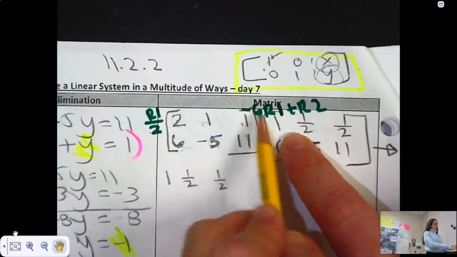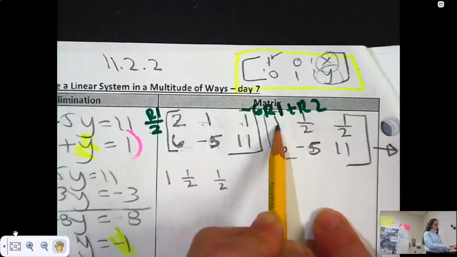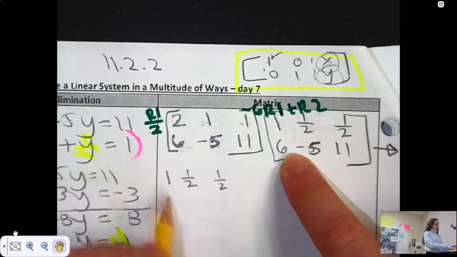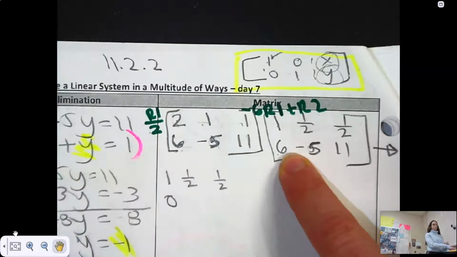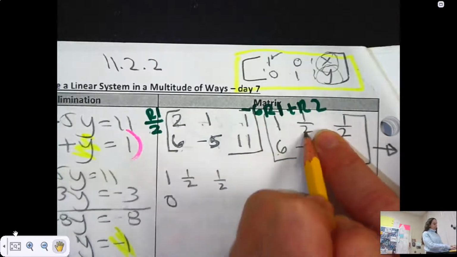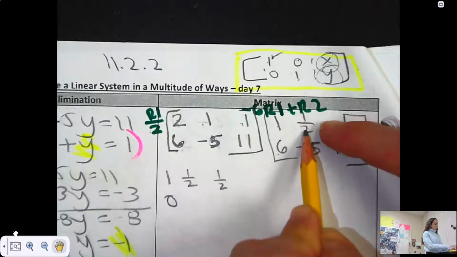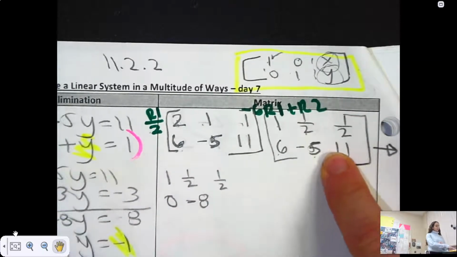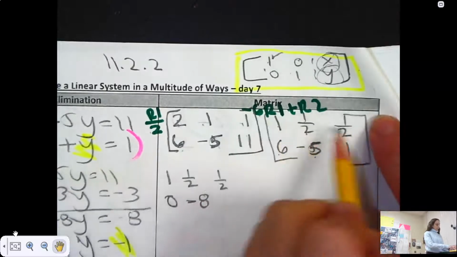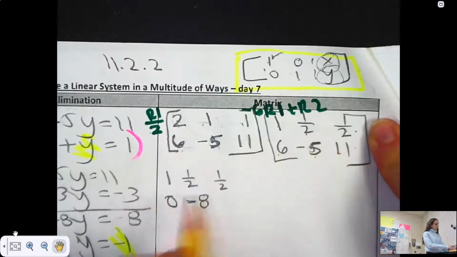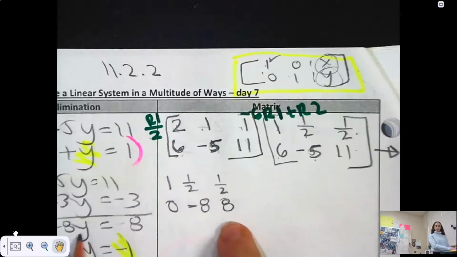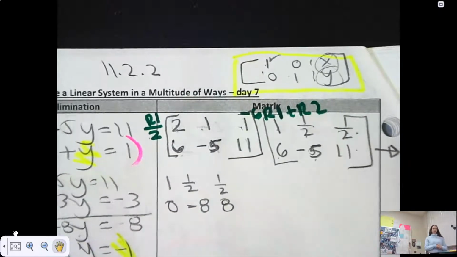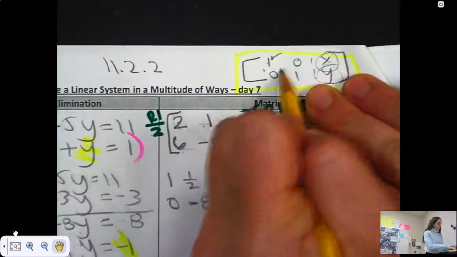But if I went negative 6 times this is negative 6, plus the second row, there's my 0. If I go negative 6 times a half, that's negative 3. Minus 5 is negative 8. And then negative 6 times a half, that's negative 3, plus 11 is 8. Does anybody notice anything interesting here? Interesting, huh? Okay, so I got my 1 and I got my 0.